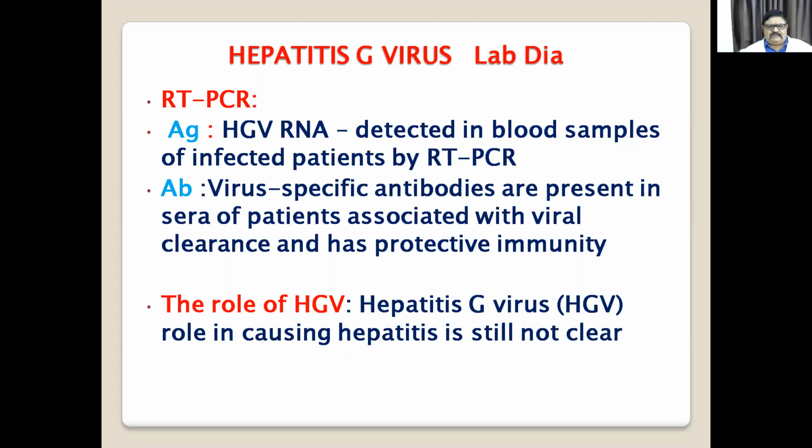Both can be detected, and virus-specific antibodies are present. And prognostically, once the antibodies are increasing, antigen is decreasing. Definitely, hepatitis is coming to a reduction, and we are happy about the treatment.